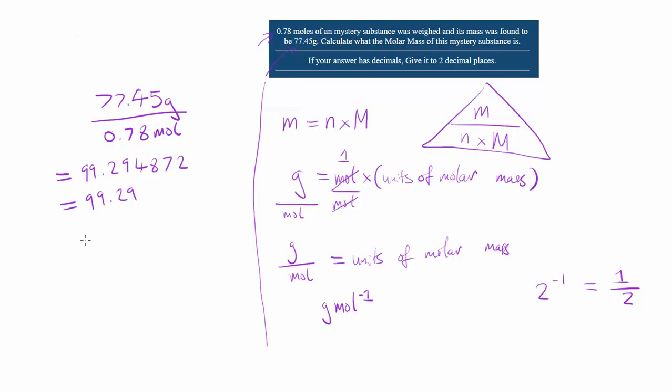So for example, if you had originally written 99.295, and you subsequently rounded that to 2 decimal places, you're going to get 99.30 as your answer, which, as you can see, is different from this.